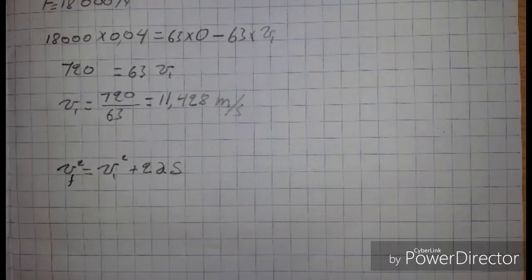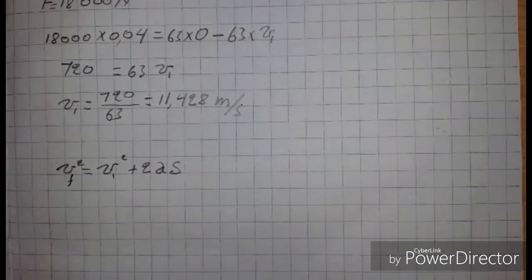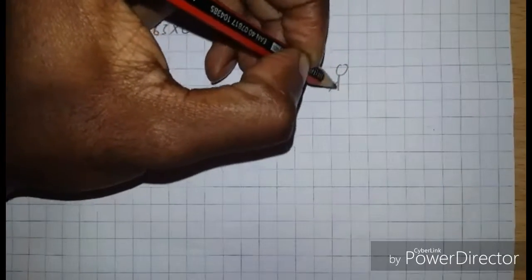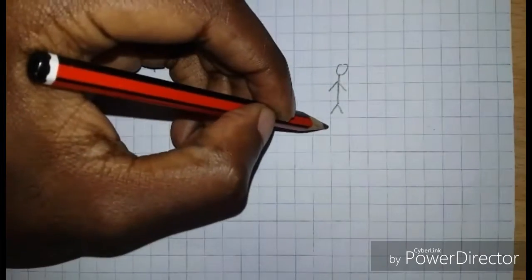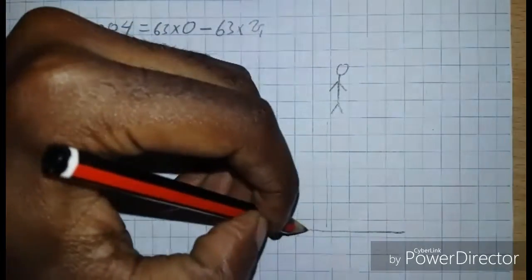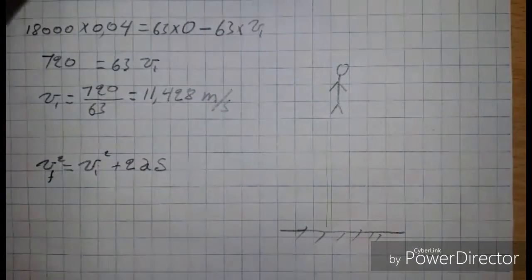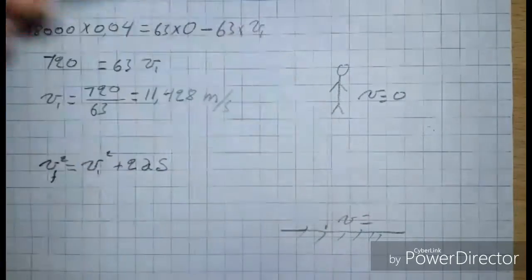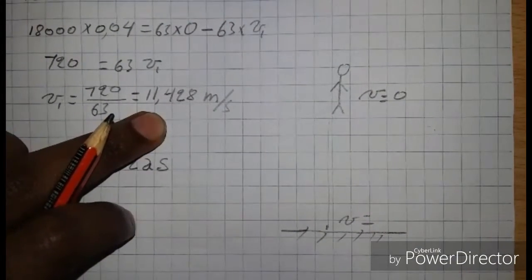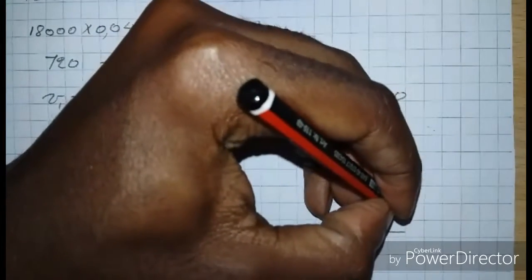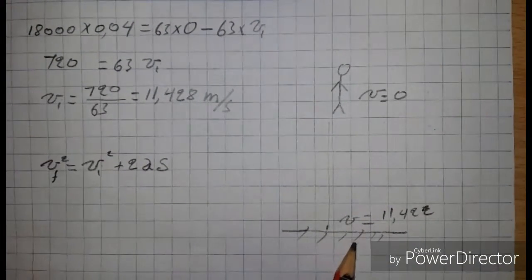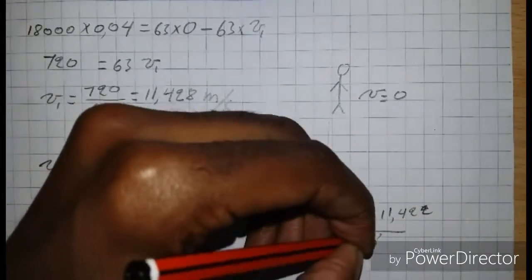So here, now if I have to draw a small diagram, it will show us the student here is falling until it hits the ground there, and it says it falls from rest, which means here the velocity is 0, and then when it hits the ground, the velocity is this one, which is 11.42 meter per second, and then when it hits the ground after this amount of seconds, its velocity comes to rest, 0.